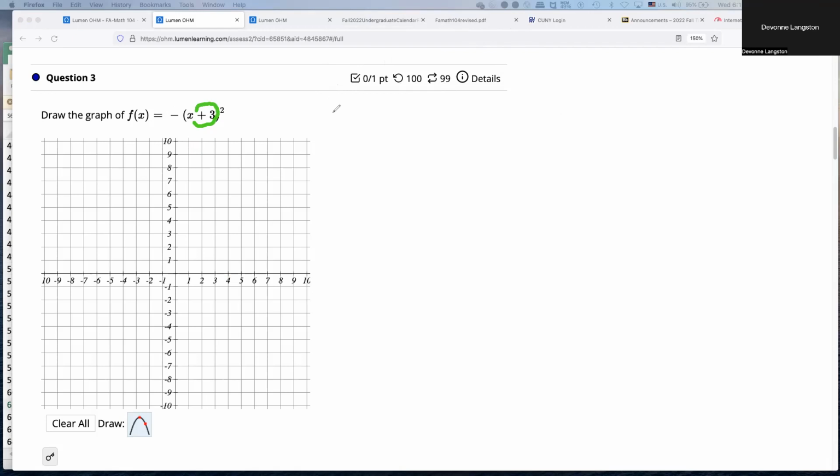Can I ask a question? Sure. Can't you just plug in any number to find the vertex? No, you can't do that because you have to derive it from this h value. And that h value here would be -3.